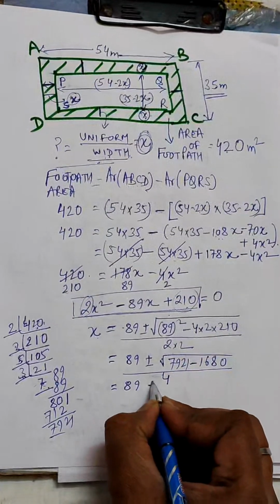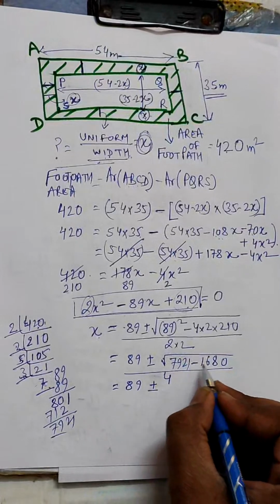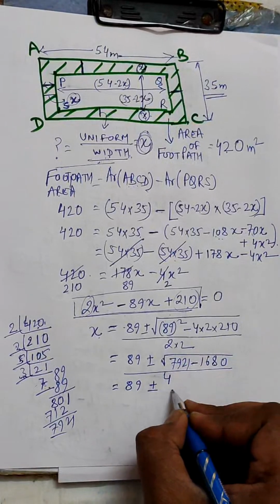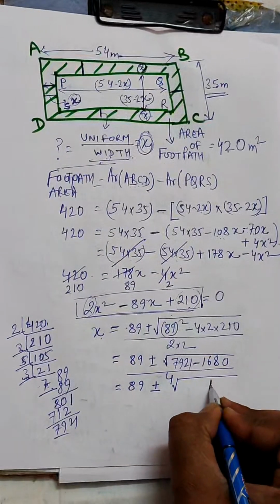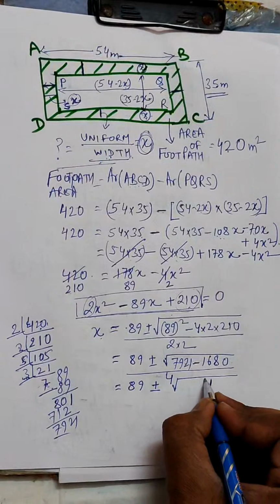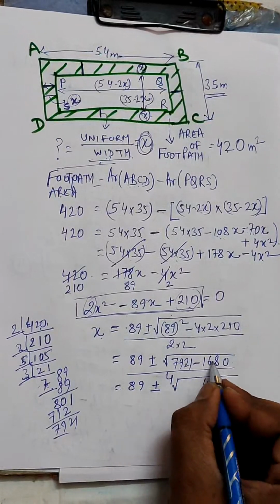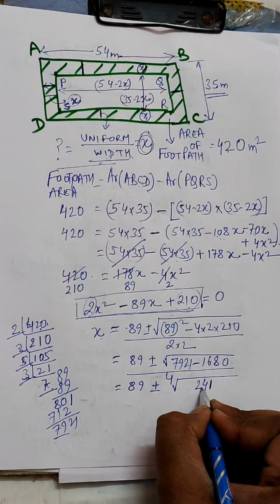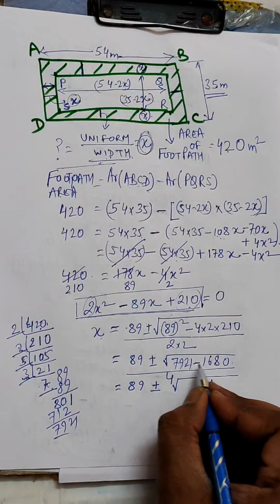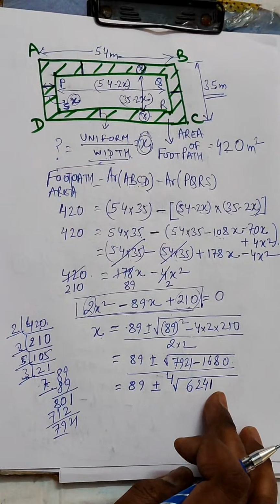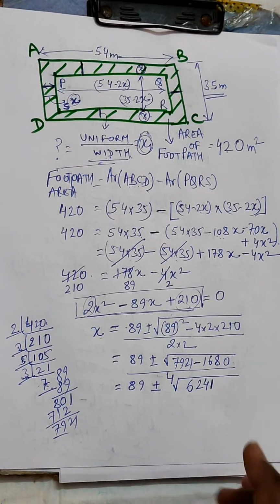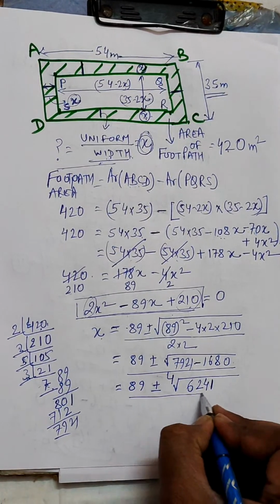89 plus minus, just subtract 1680 from 7921. This will give you 1 minus 0 as 1, 12 minus 8 as 4, 8 minus 6 as 2, and 7 minus 1 as 6, right? 6241 divided by 4.